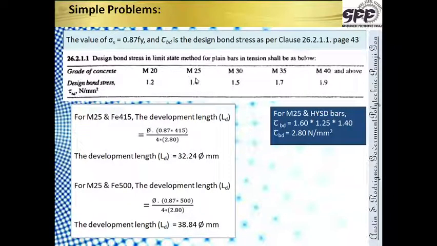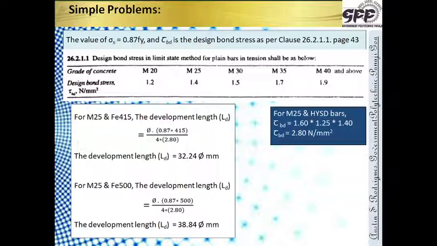Having known that bond stress is 1.4, please remember, if the bar is a plain round bar, that is if the steel is Fe250, then we have to directly take the value as 1.4 itself. Whatever value is given, we have to directly take that value itself.